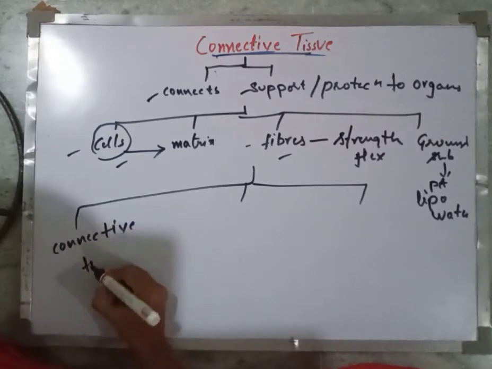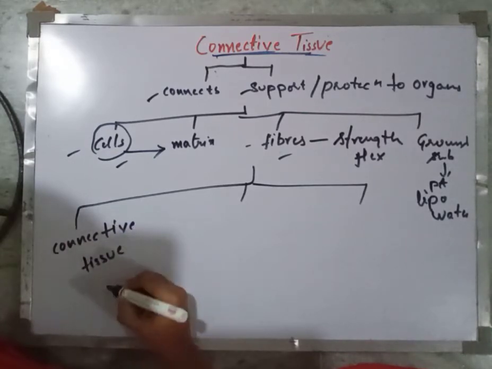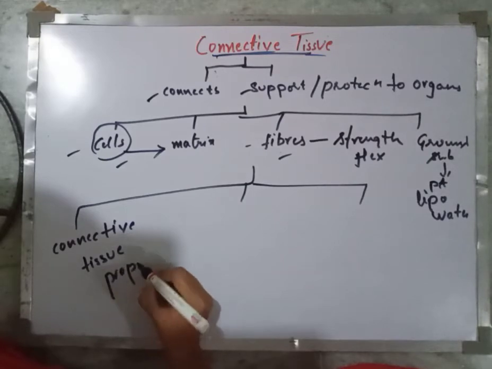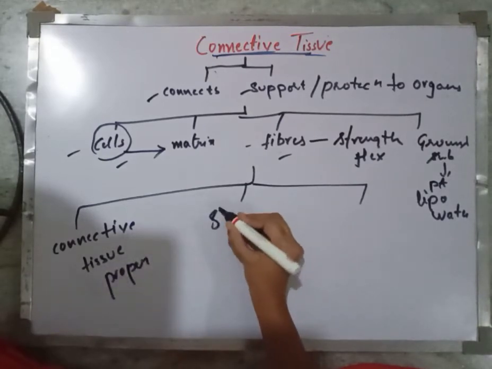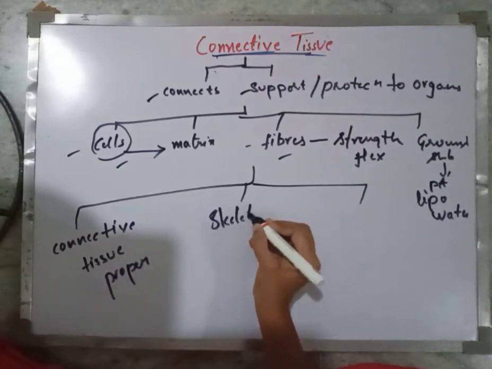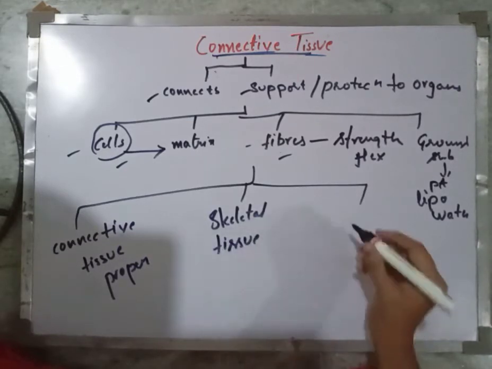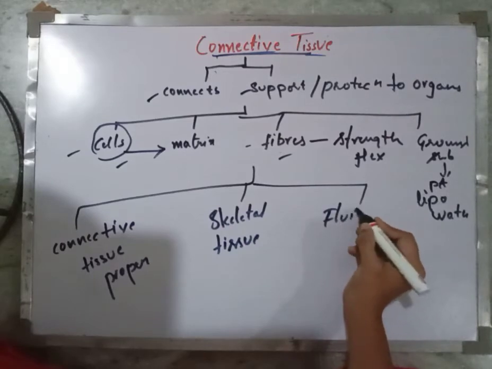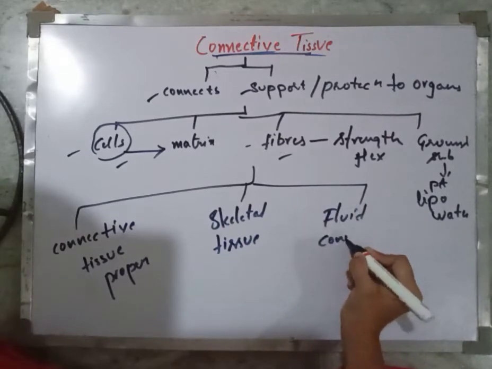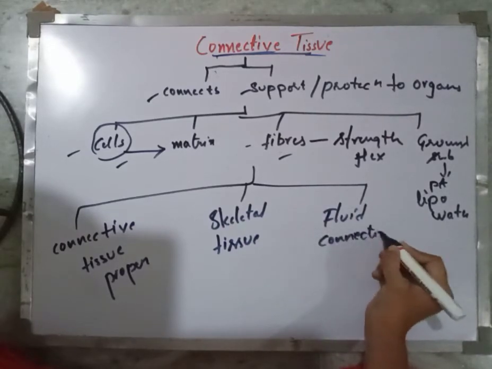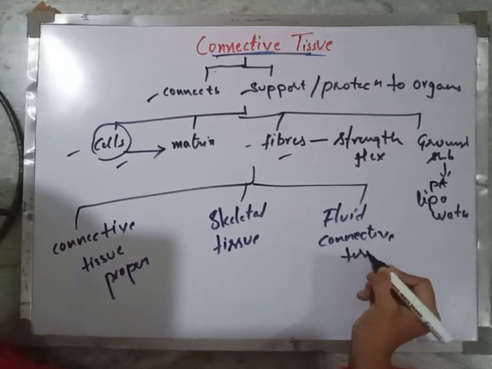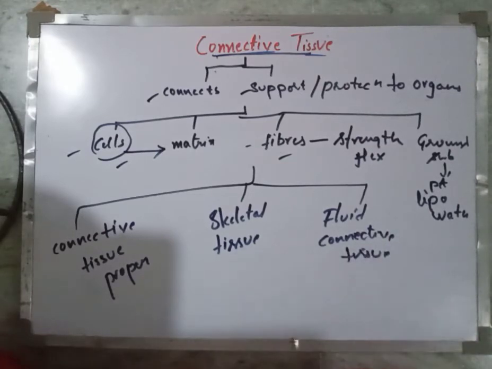The first one is connective tissue proper, the second one is skeletal tissue, and the third one is fluid connective tissue. So these are the three types of connective tissue, and we can learn about each in detail.